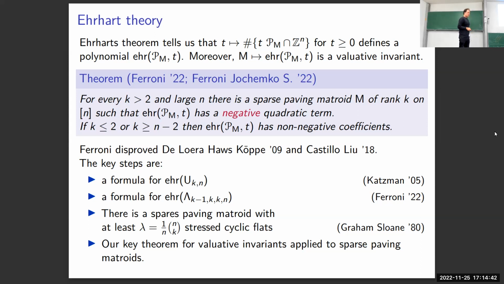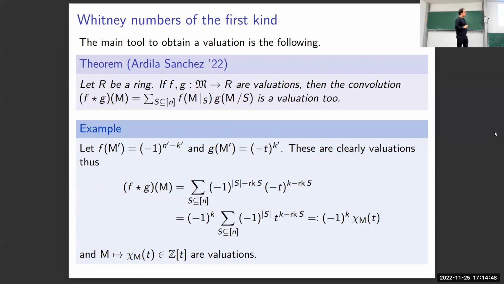Okay, so these are the examples from, I would say, polyhedral geometry, and then there are more examples. This is a classical example from matroid theory, and let me tell you how to construct these valuations. Typically for matroid invariants or matroid functions, it's not so clear if they're valuations or not, so we need some tools to prove this. The best and nicest tool I know is by Ardila and Sanchez.